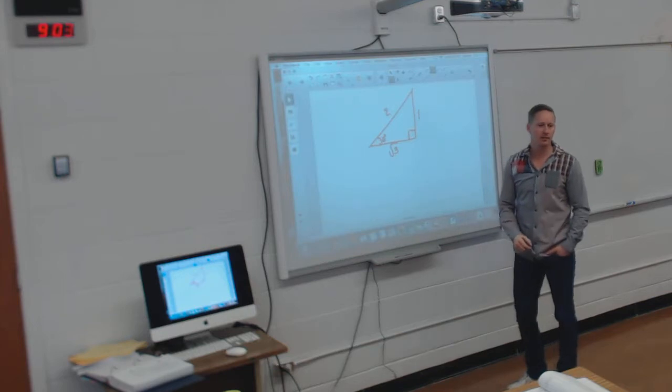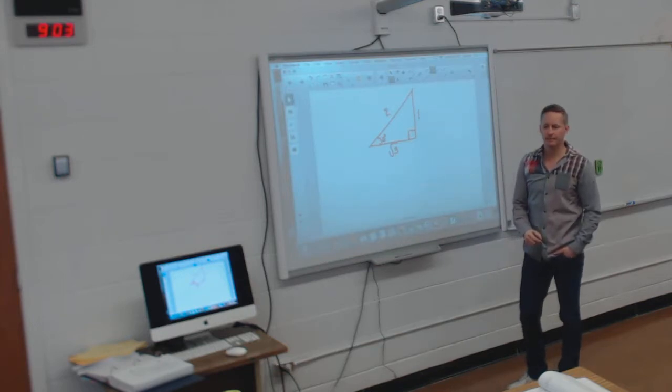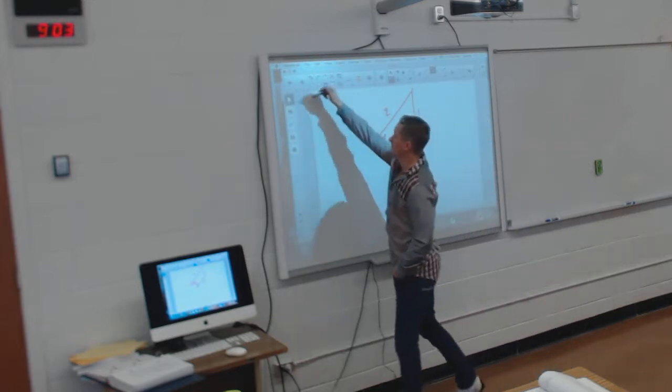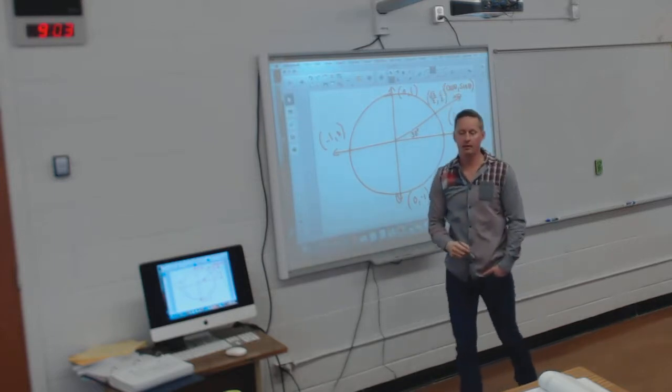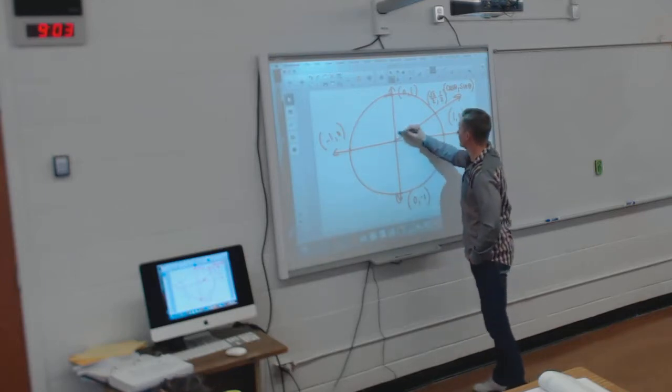So what's the cos of 30 degrees then? What's the side adjacent to the angle? Thank you. So root 3 over 2. Okay? And then 60, how does 60 change?